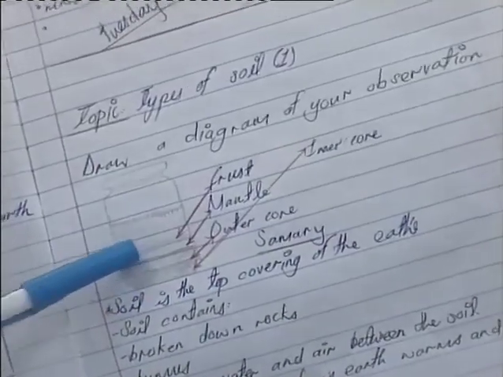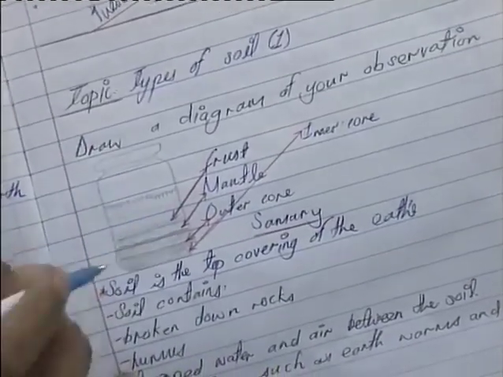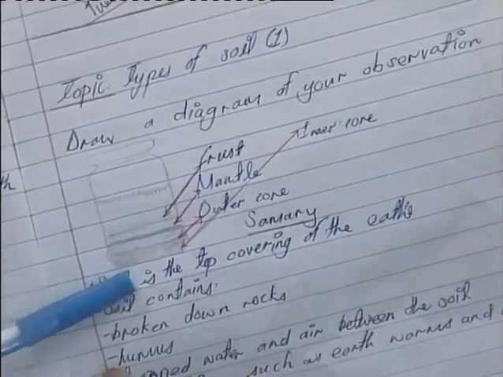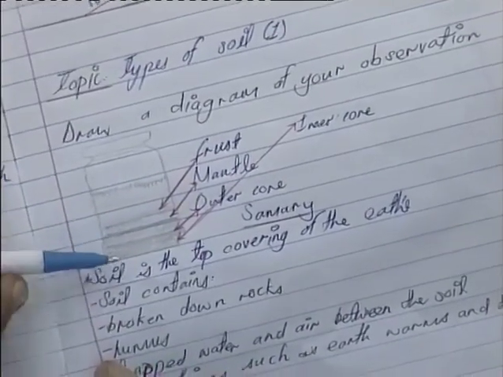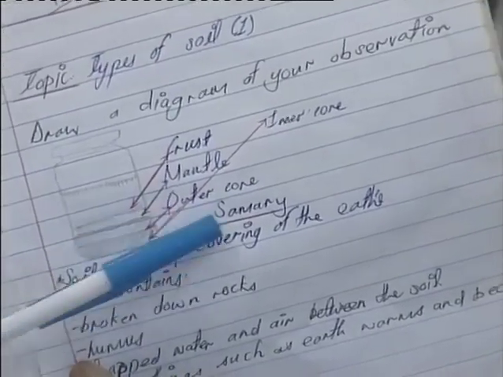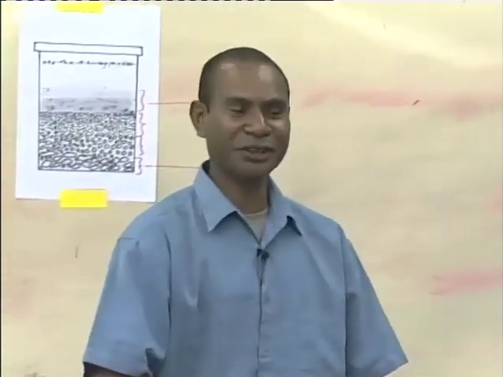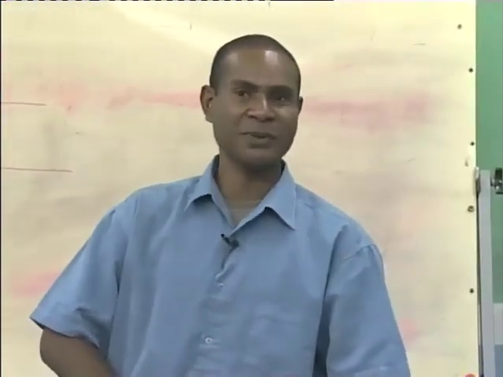The soil over here represents Autako, and the stones over here represents Inako. Okay, that is Madhu's explanation. Very good. Thank you, Madhu, for your diagram and your explanation.